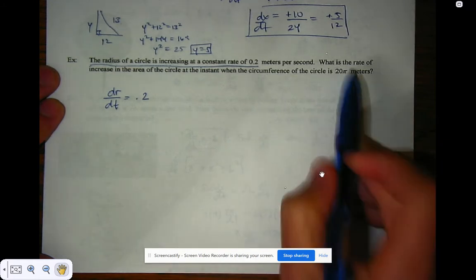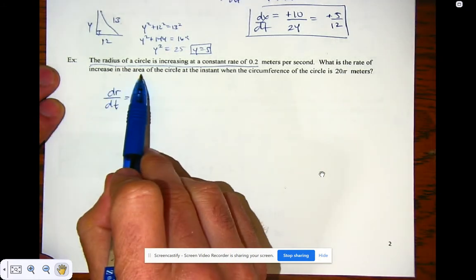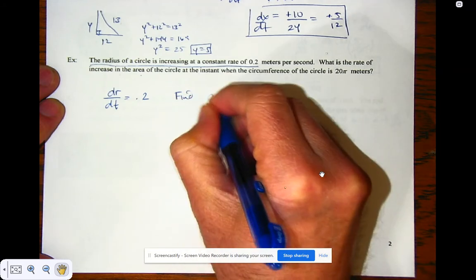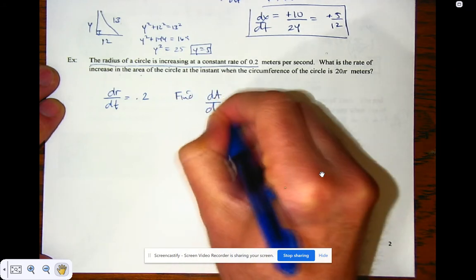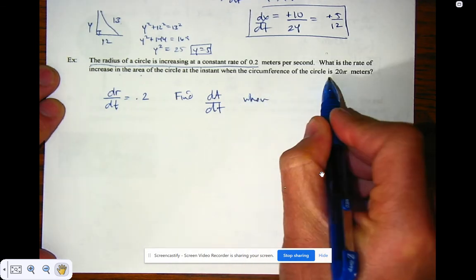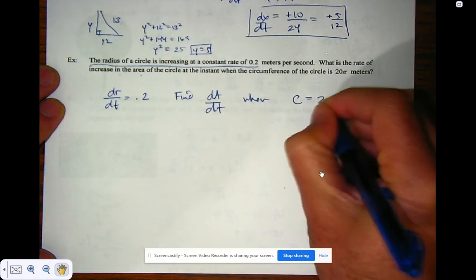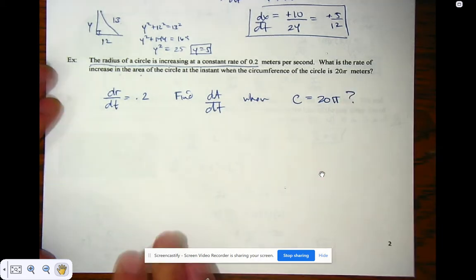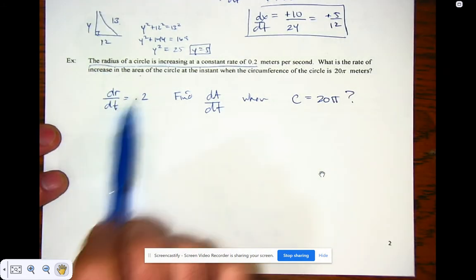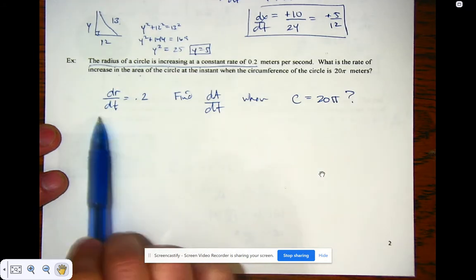Okay. Then it says, what is the rate of increase of the area? So find the rate of increase of the area, dA/dt, when circumference is 20 pi. C equals 20 pi. Okay. So translate. You're taking English, you're translating it into a mathematical statement here.